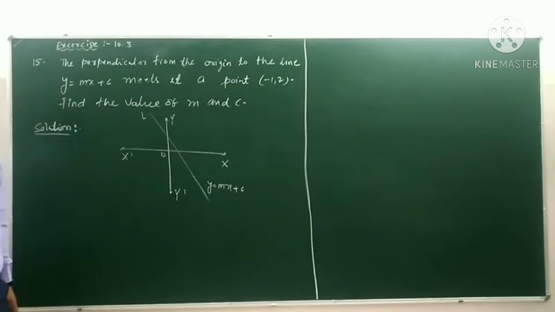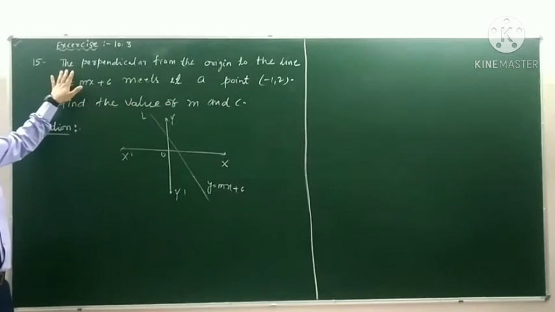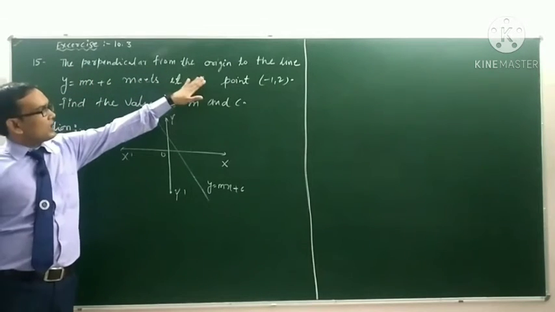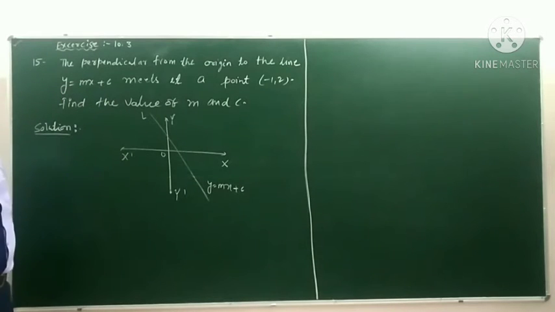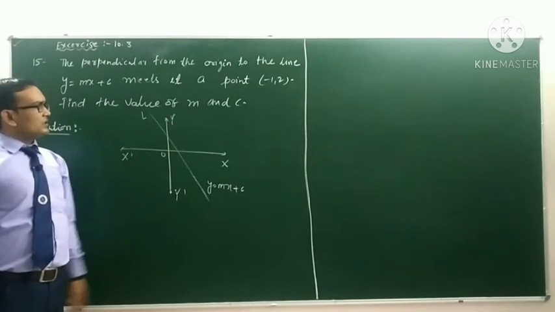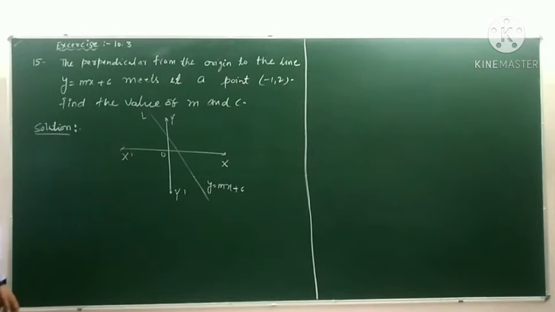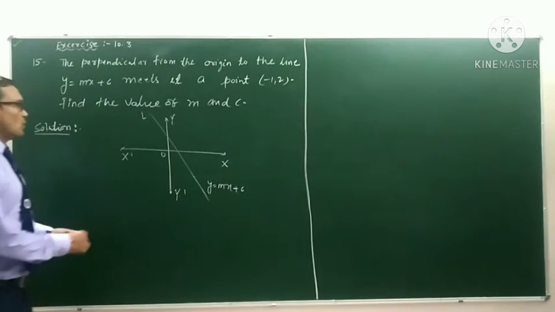We suppose that the perpendicular from the origin to the line meets it at the point (-1, 2).